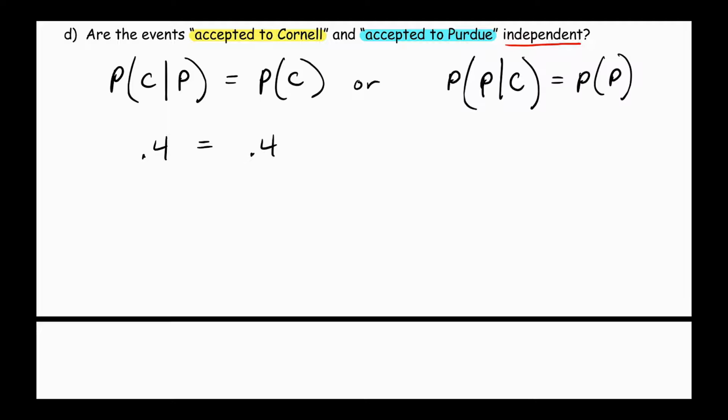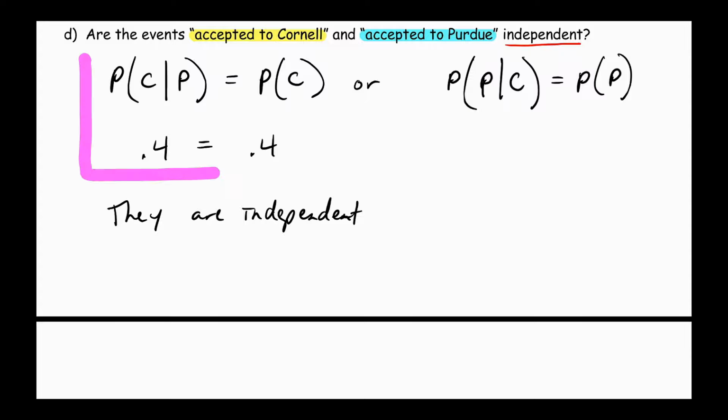So because they're equal, they are independent. They are. Sometimes it'll say justify your answer. Right here is your justification. That's your justification there.